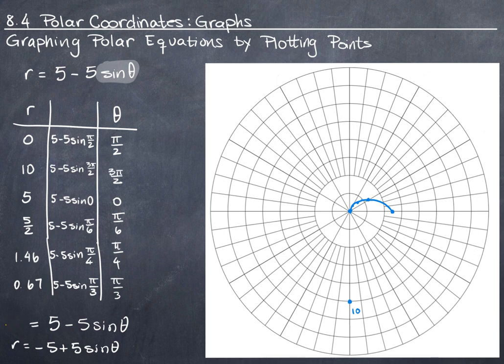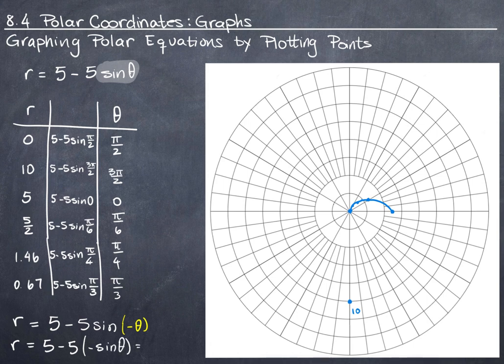All right, let's do the next test. Let's replace, I'm going to erase this result here. Let's replace just theta this time. So I'm going to rewrite r as positive r, but I'm going to write theta as negative theta. Now, recalling that the sine of negative theta is equivalent to negative the sine of theta, because sine is an odd function, I'm going to write that this way.